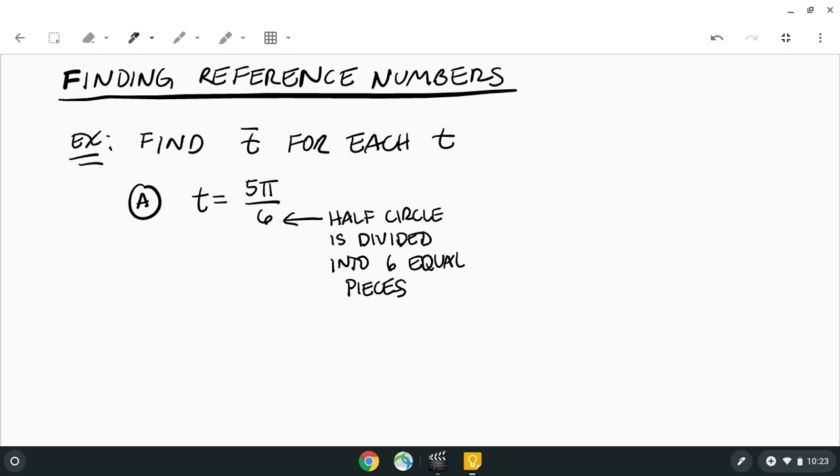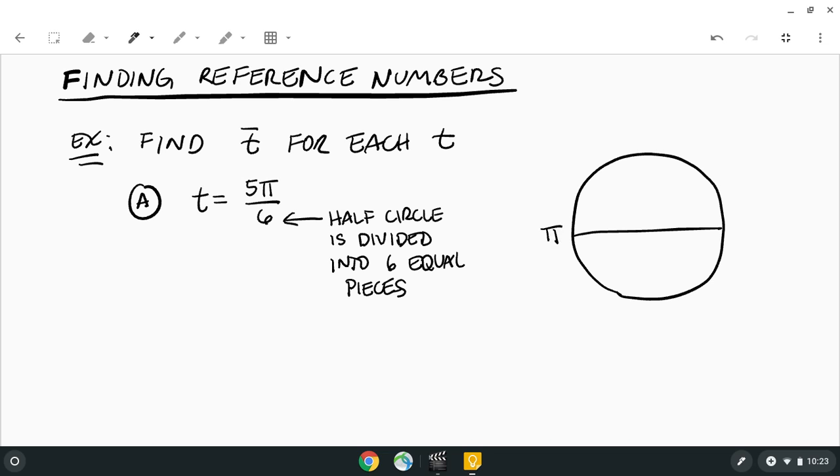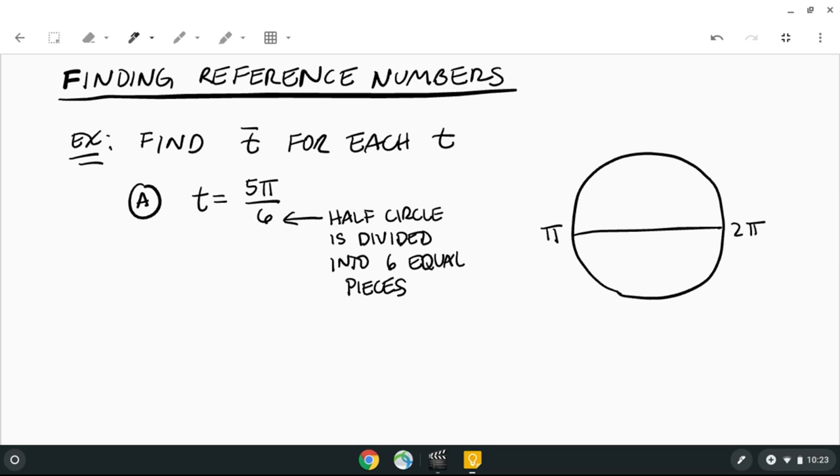I'm going to draw the full circle, 2 pi. If I only go to here, I only go pi. But if I go full circle, I've covered a distance of 2 pi, right? Your half circle is divided into 6 equal pieces.